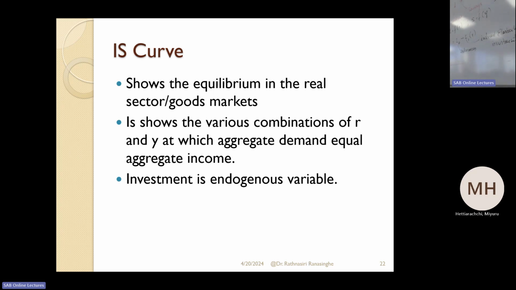So now, if we take a simple I = S, investment depends on the interest rate, and saving depends on the income. Now our IS curve represents R and Y. So Y is there in the saving function, and the interest rate is there in the investment function.